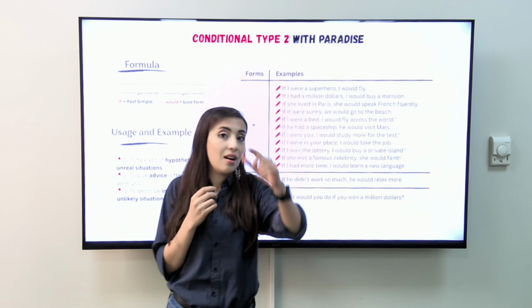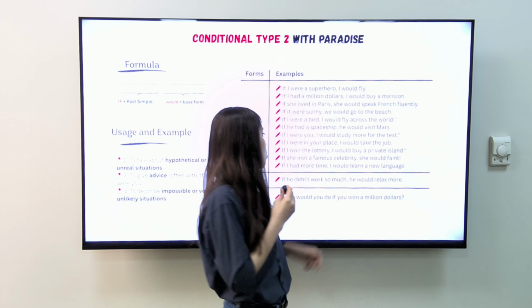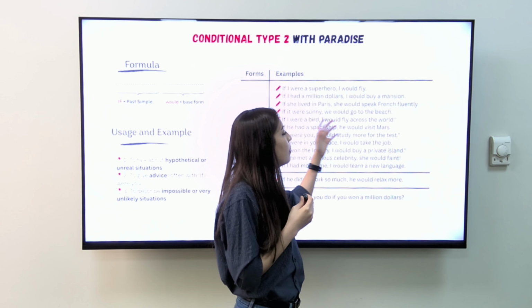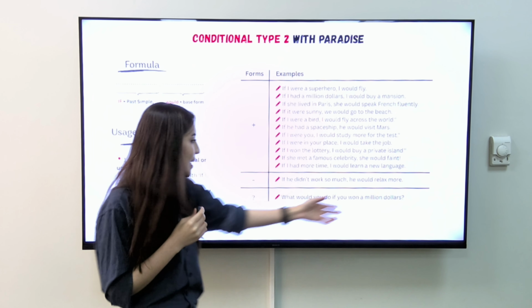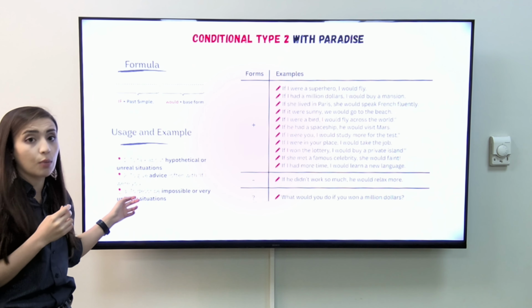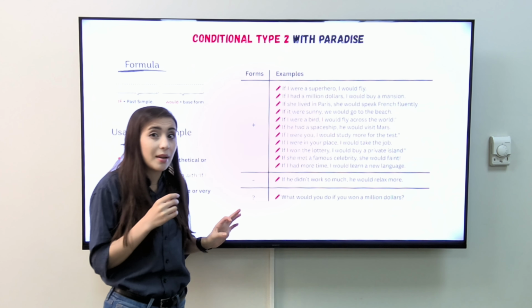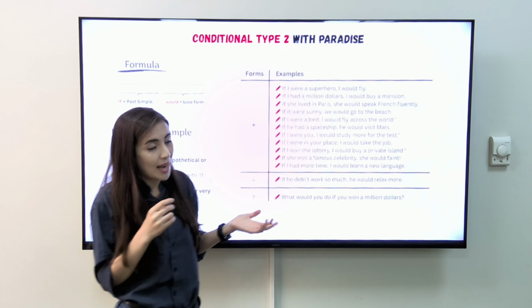So, in that parallel imaginary situation, if I won the lottery, I would buy a private island. This is very, very impossible to happen, to win a lottery actually.